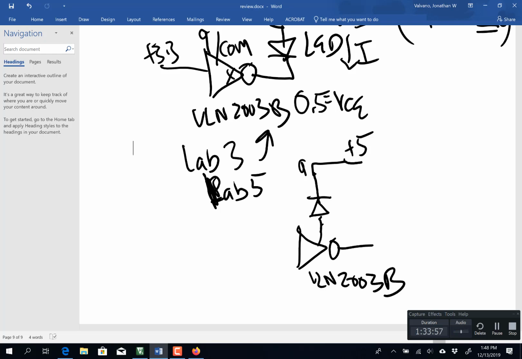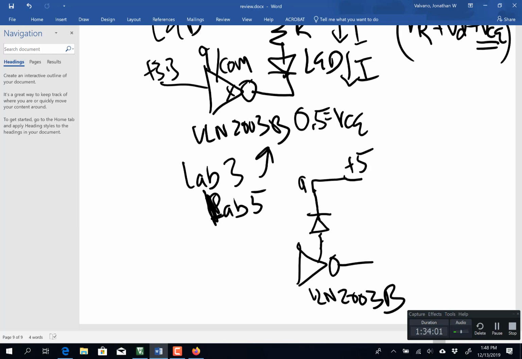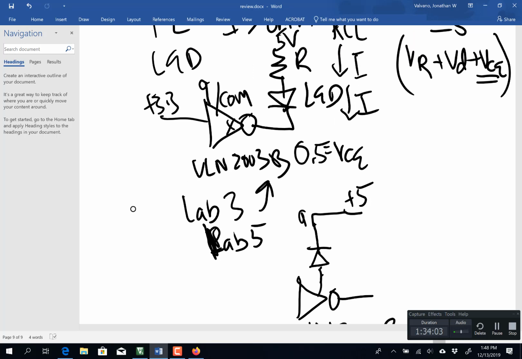How else was it different? What way are these two? This is a pin, right? Is this an output pin or an input pin? Is that an output pin or an input pin in lab 3? Output, you're turning the light on and off. In lab 5, is this an output pin or an input pin?